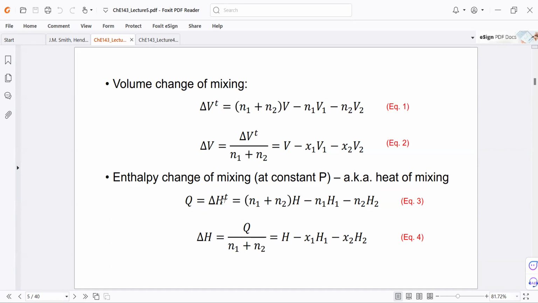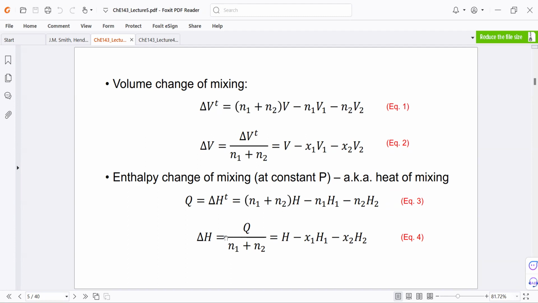So this would represent the change in enthalpy of mixing, or the heat of mixing. Again, it's the final enthalpy multiplied by the combined number of moles minus the initial enthalpies of each of the species multiplied by their number of moles. Okay, so this gives us the delta H of mixing, or delta H superscript T.